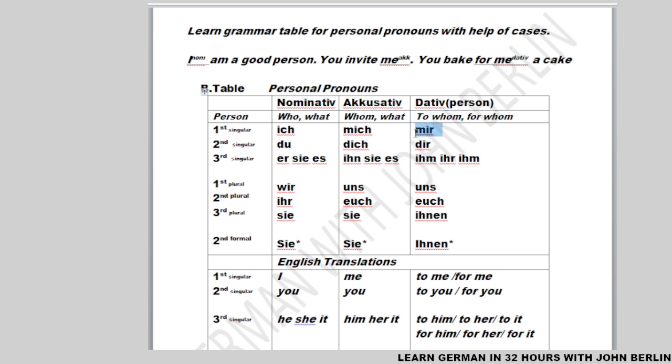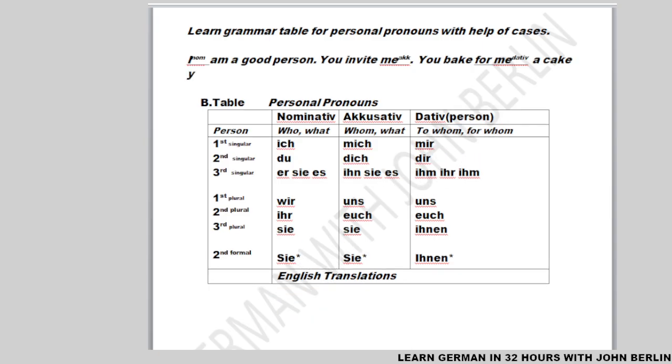So, mir has two meanings. It could be understood like to me, it could be understood like for me. In this case, we are using mir as for me. Yes? So in English, you would write for me. In German, you would just write mir, which would be understood like perfect. So that's the one big difference between English and German.